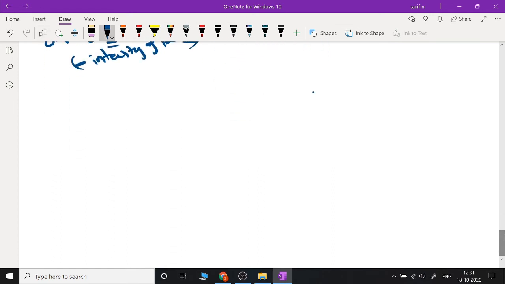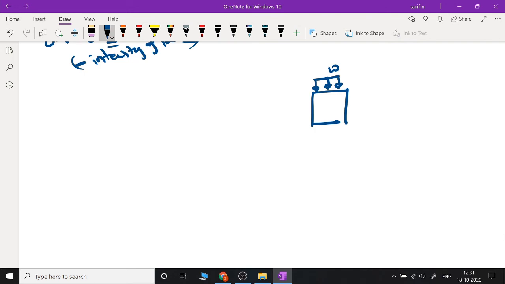Now we will again try to develop another relationship between the bending moment and the loading.